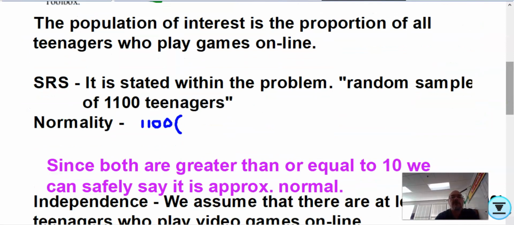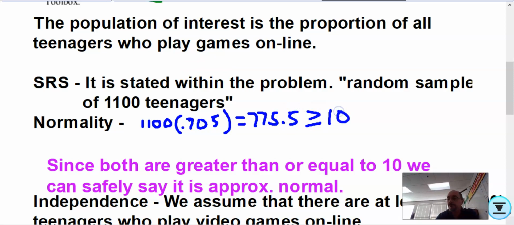So we take 1,100 times the 0.705, and we get 775.5. That is greater than or equal to 10.